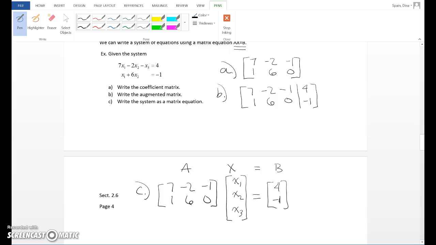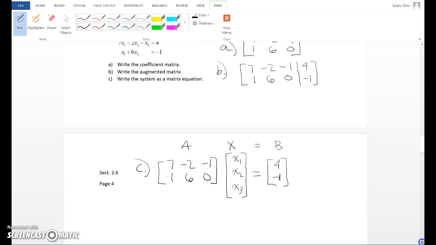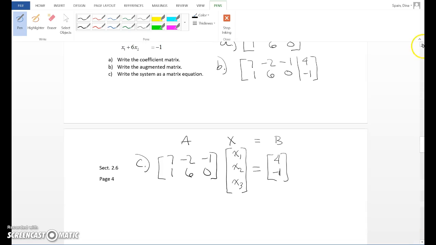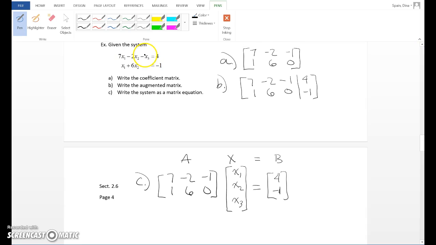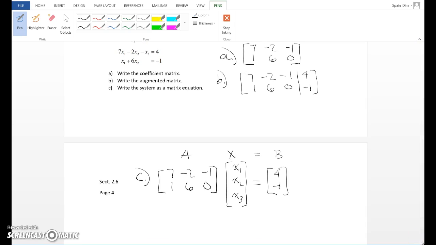Now, let's look at this matrix equation for a second and see how it converts back to this given system. If you multiply these two matrices together, A times X, you would do the dot product, this row dotted with this column. You would take this row dotted with that column.